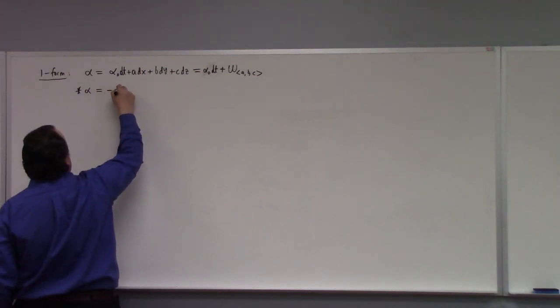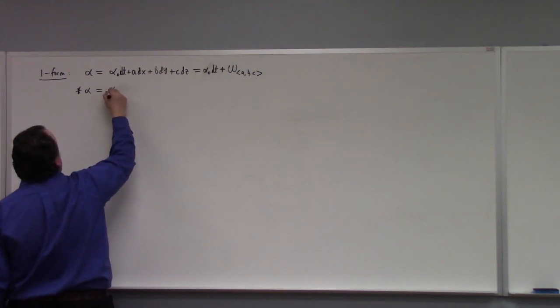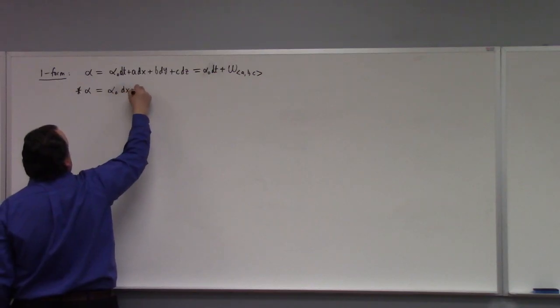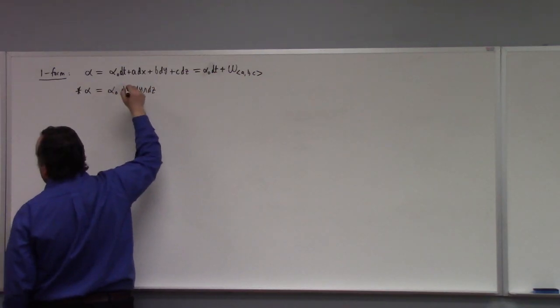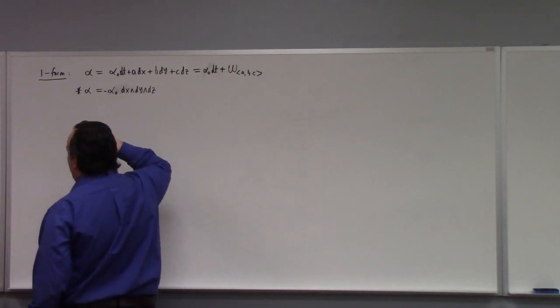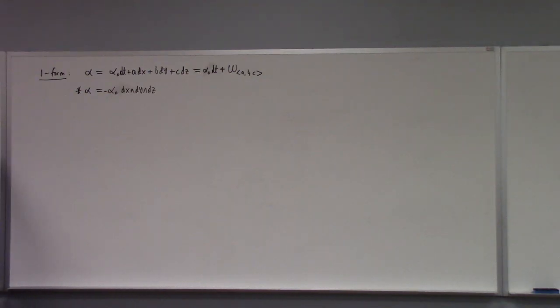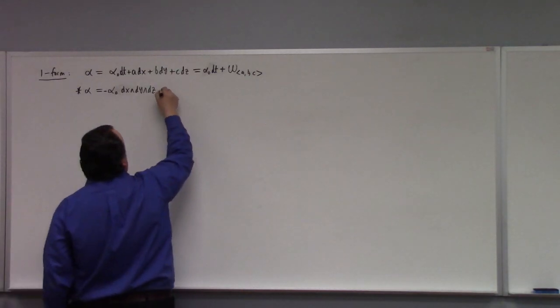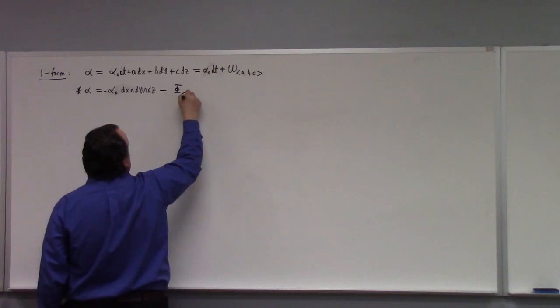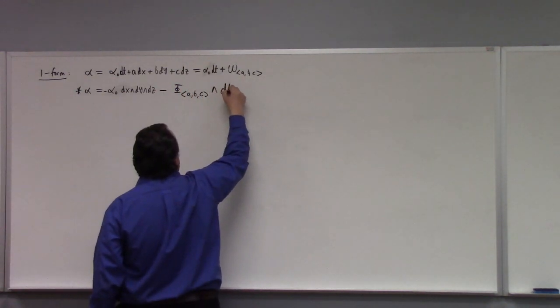So we got minus dx wedge dy wedge dz times alpha naught, and then when we Hodge dual this, of course, that's going to give us minus the flux form of ABC wedge dt, yeah?